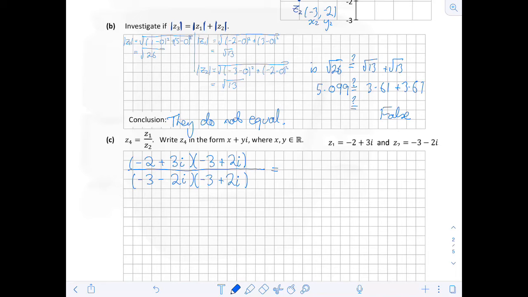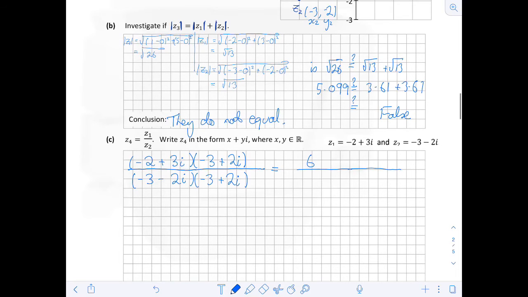So that's now going to equal 6 minus 4i minus 9i plus 6i squared, all over 9 plus 9 minus 6i minus 6i minus 4i squared.